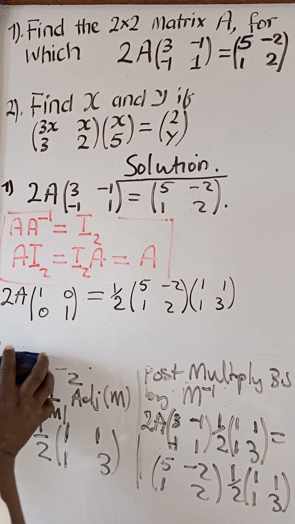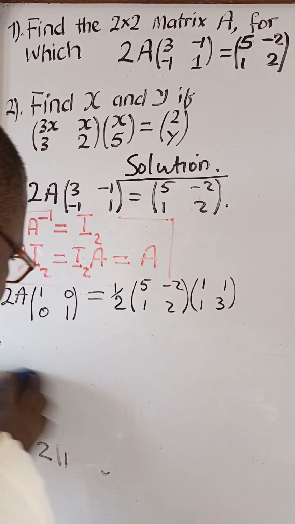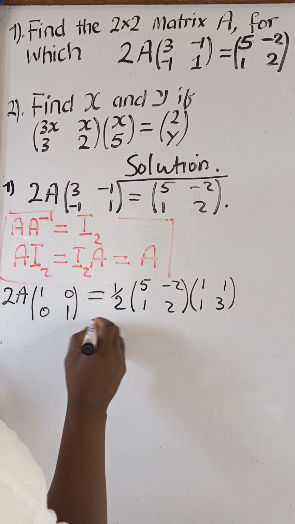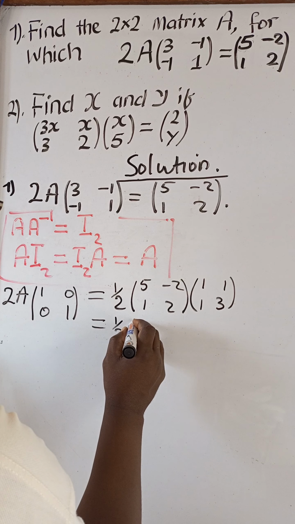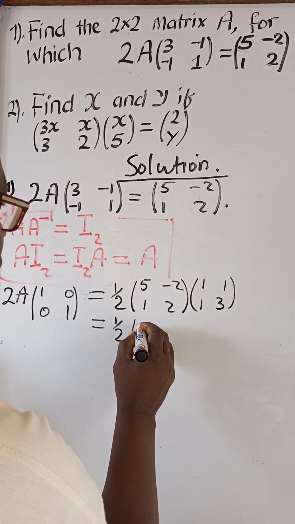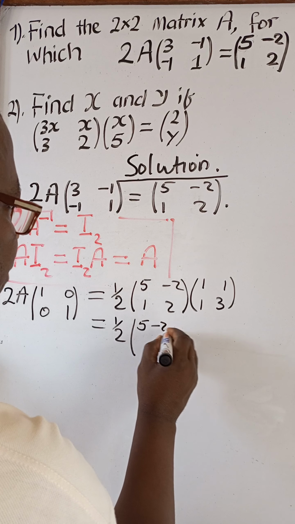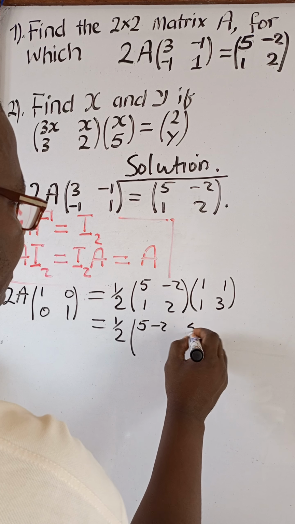Now, this means a half. 5 multiplied to 1 is 5. Negative 2, 2 multiplied to 1, negative 2. 5 multiplied to 1 is 5.